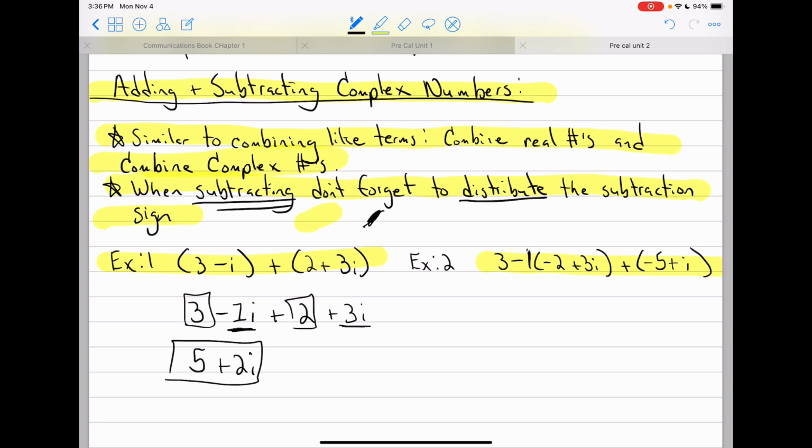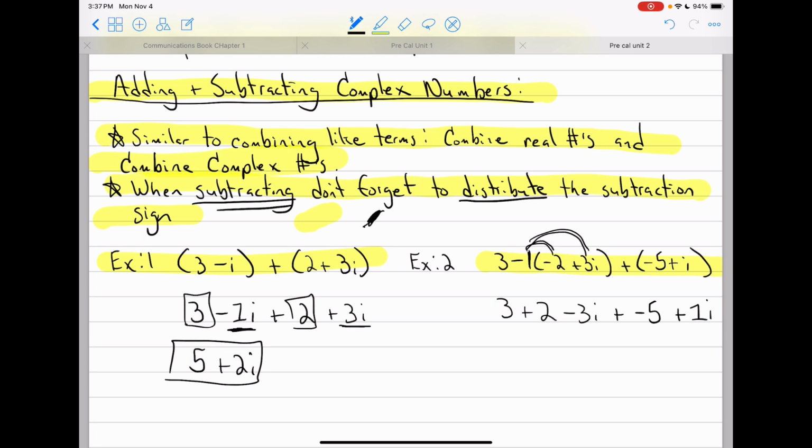So I'm going to distribute this. What this ultimately becomes is 3, plus -1 times -2 is 2, and -1 times positive 3i is -3i. And then I also have plus -5 and plus 1i. I just distributed that -1 throughout.